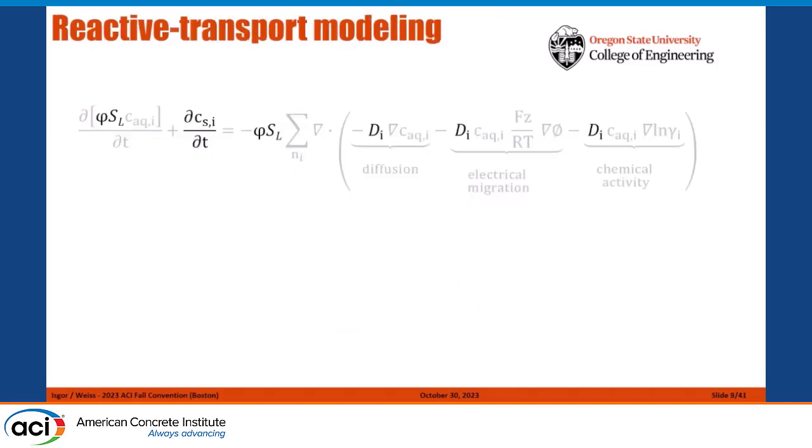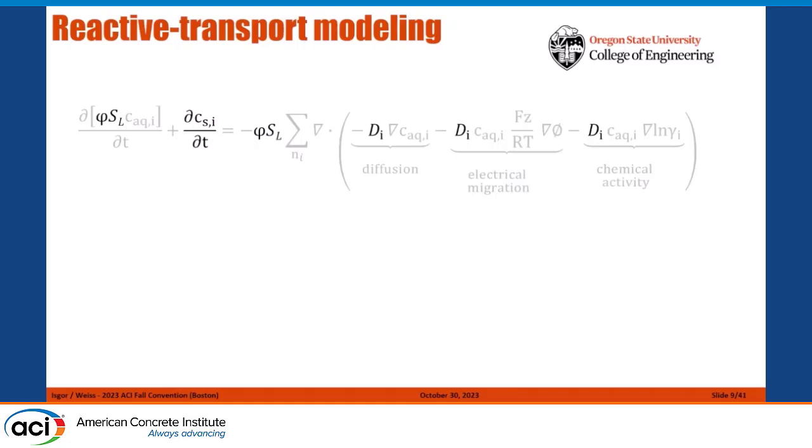The whole point is that those mechanisms can then be merged into partial differential equations where you can use tools like the finite element method or finite difference method to solve those transport problems that include very complex transport mechanisms. Now, this is one example of a partial differential equation to model ionic transport in concrete.